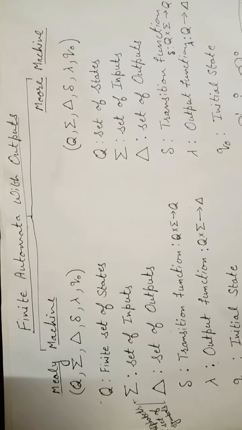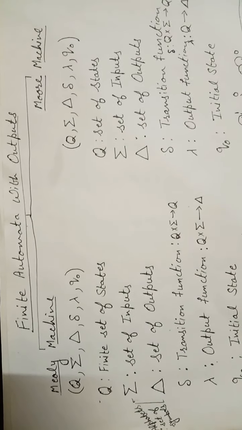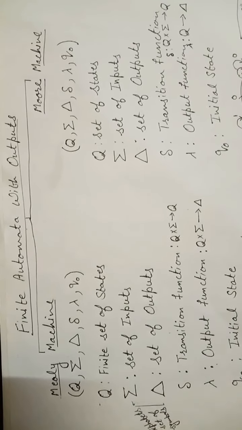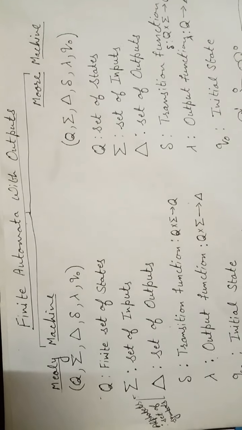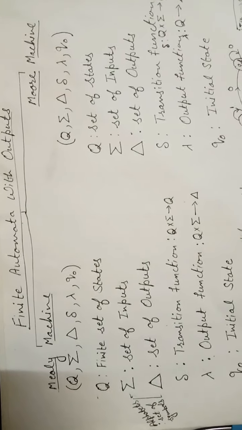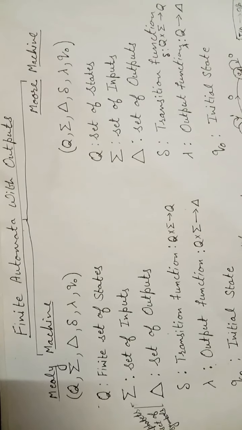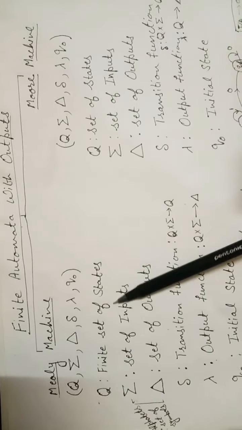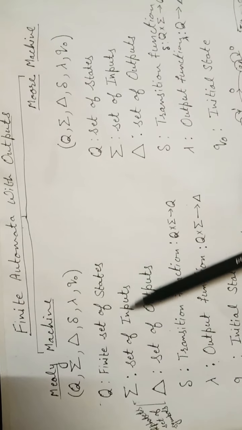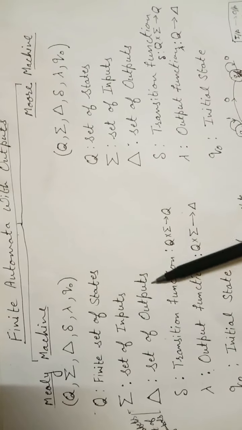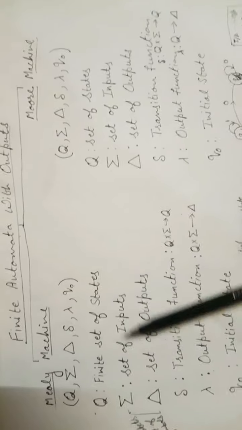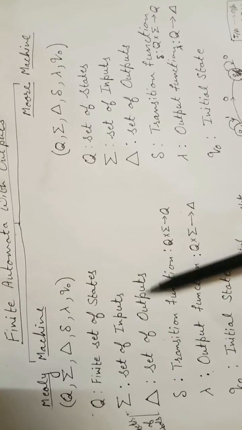Just now I have told you there are two types of finite automata with output: Mealy machine and Moore machine. Now the Mealy machine is represented by 6 tuples: finite set of states, set of inputs, set of outputs. This sigma is the set of inputs, delta is the set of outputs.